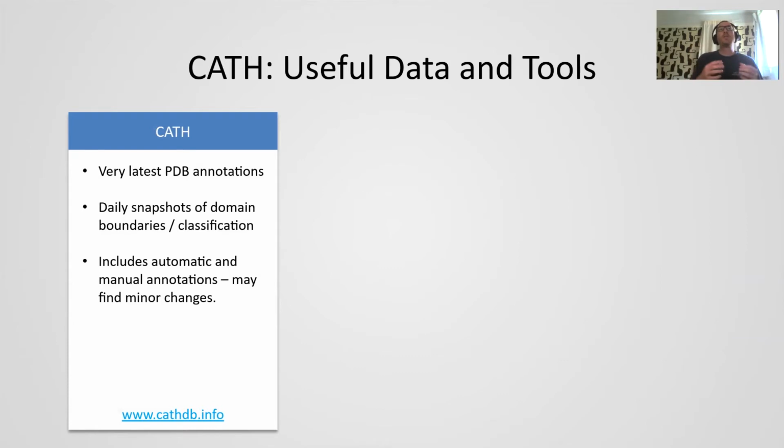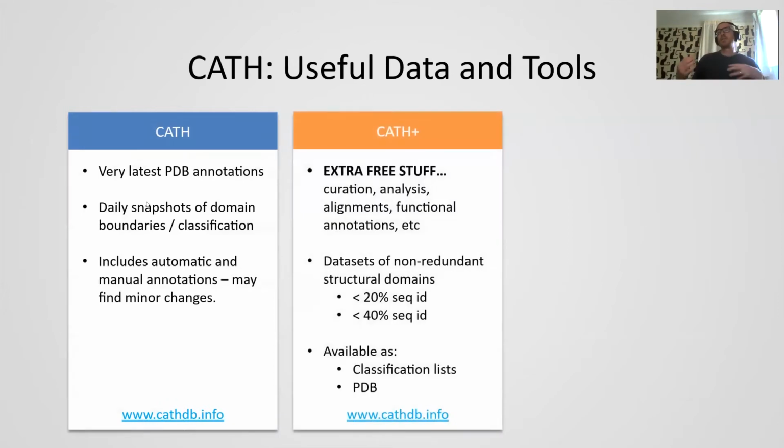They include automatic and manual annotation, and there may be minor changes between what you find in this daily snapshot and what you find in the CATH Plus release, because we add in lots of extra curation steps when we generate the CATH Plus to make sure that we're happy with all the decisions that have been made, but also we add lots of extra analysis and data, so alignments, functional annotations, and so on. I'm going to be mentioning more about that later.